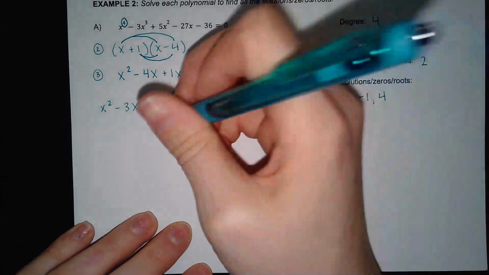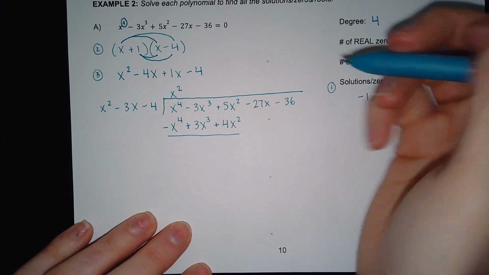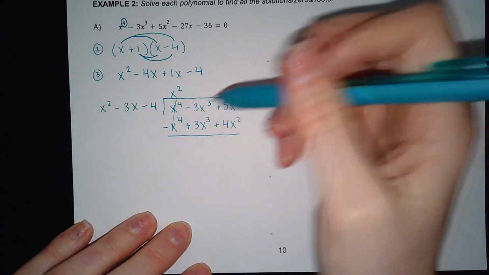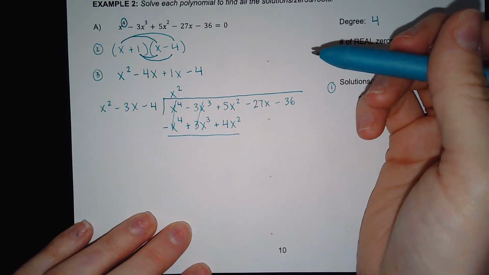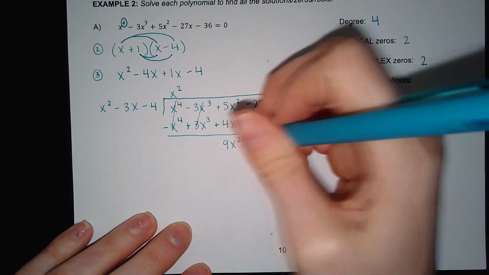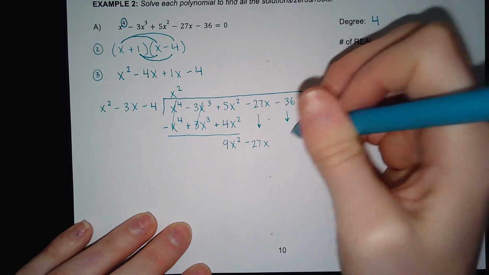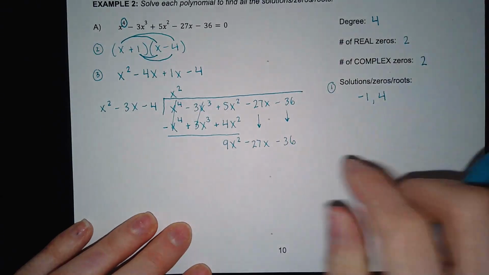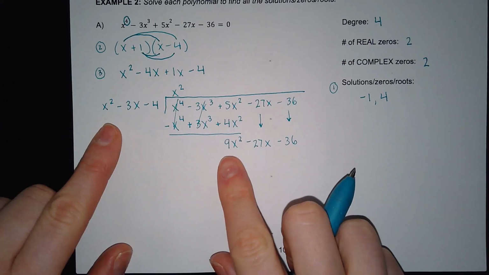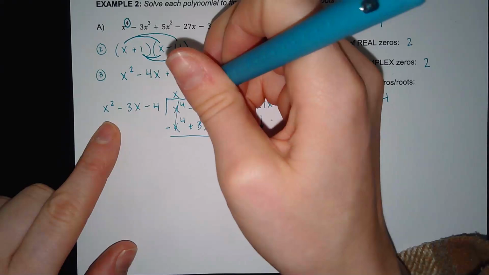Then we're subtracting. Subtracting means we're going to have to change those signs. My x to the 4th will go to 0. My x cubed will also go to 0. 5x squared plus 4x squared is 9x squared. I'm going to bring down both of the next terms. And we'll redo that process again. To take x squared and get 9x squared, we'd want to multiply by 9.